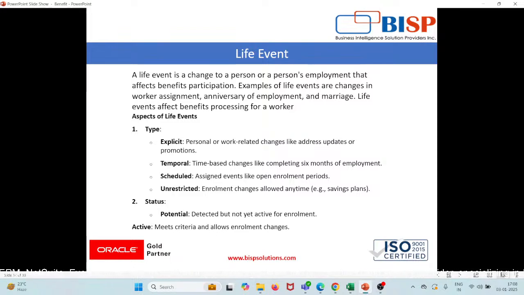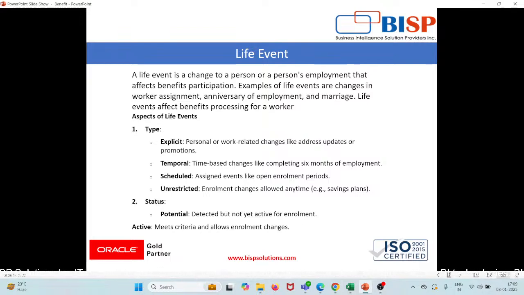Explicit is your personal, temporal is time-based change, like 6 months of employment. Okay, then scheduled and unrestricted. Unrestricted will be your enrollment changes allowed anytime.